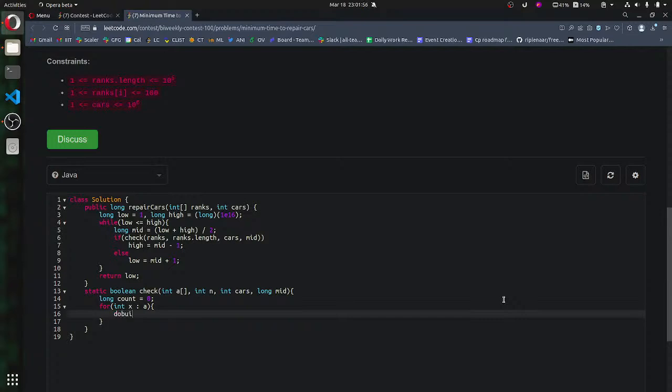Say long temp equal to long of Math.sqrt of mid into 1.0 and this thing divided by x, and n minus equal to temp, and say return n less than equal to 0.